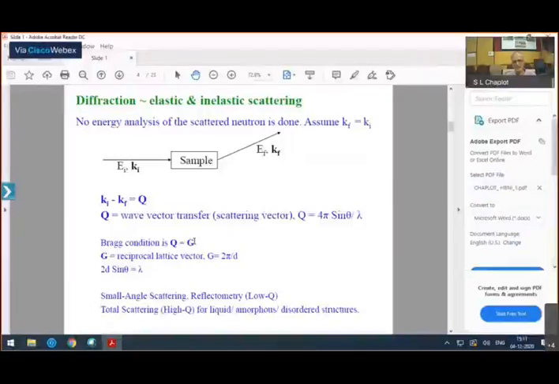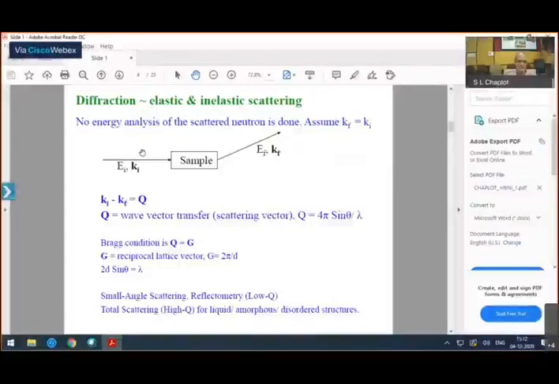The Bragg condition is satisfied only when G is identical to the wave vector transfer. The magnitude of G is 2 pi by d, d being the lattice spacing. If I equate these two, I easily get the famous Bragg condition, 2d sine theta equal to lambda.